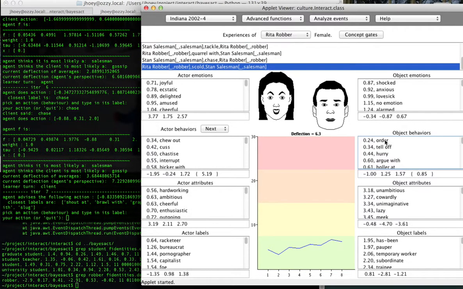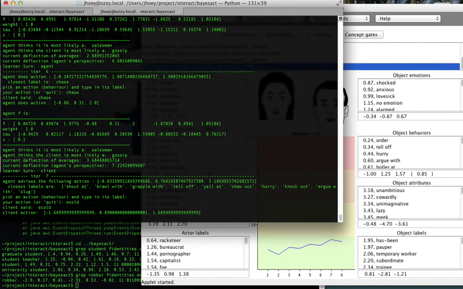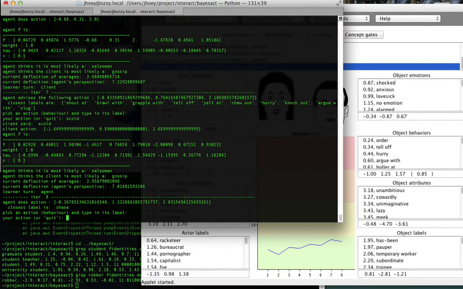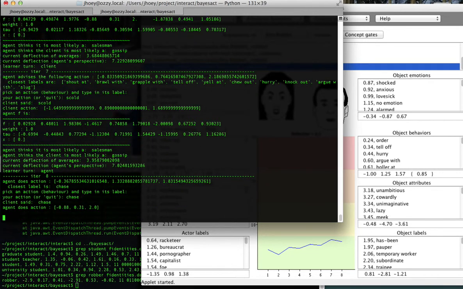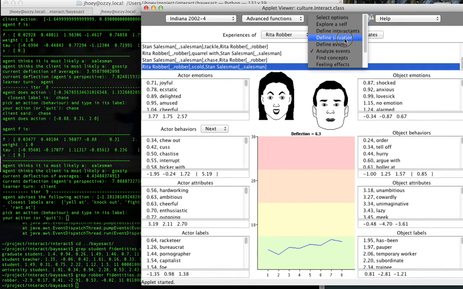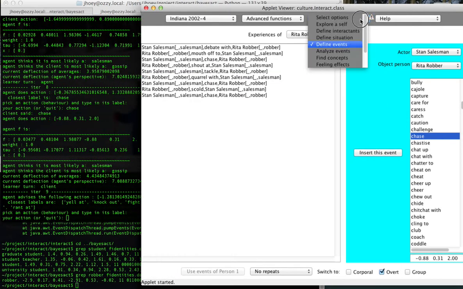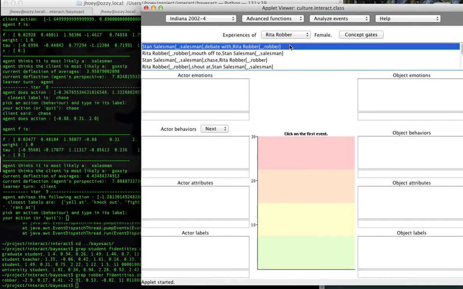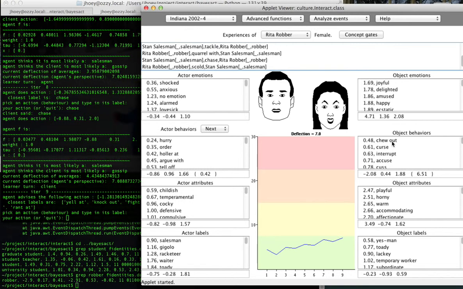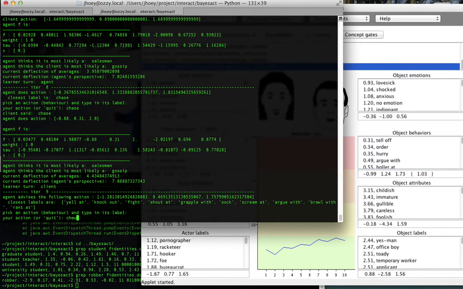She will scold him. In response, he continues to chase Rita. We'll do one more iteration and see what the probability distribution. She is going to chew him out.